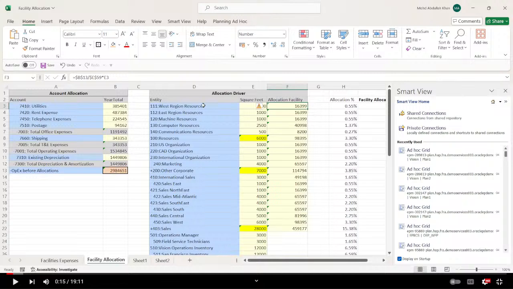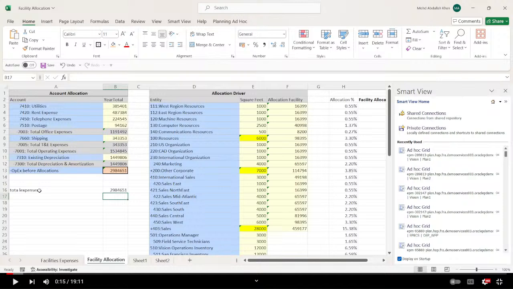Now, how to allocate expenses for shared facilities. Allocating expenses for shared facilities involves four basic steps. First, you need to identify the shared facilities and the total expenses. So this is my total expenses, which we identified, that is 2984651.